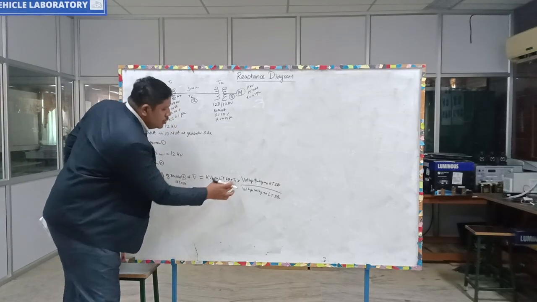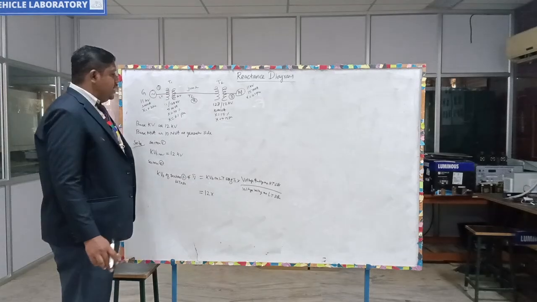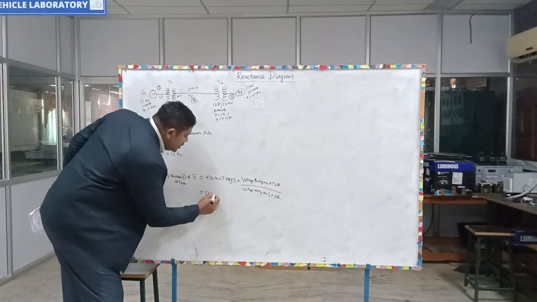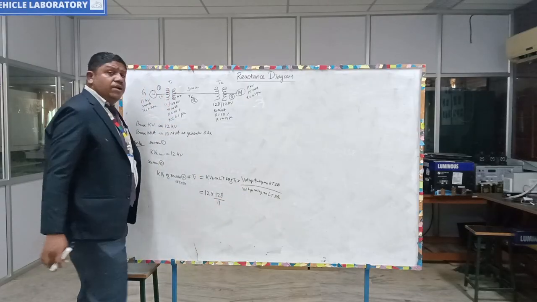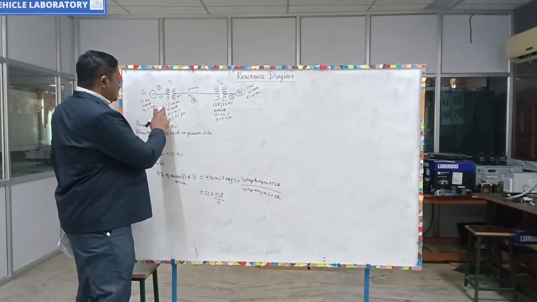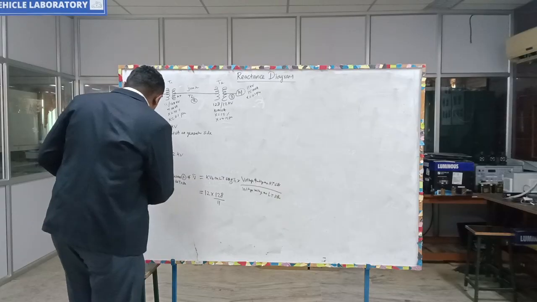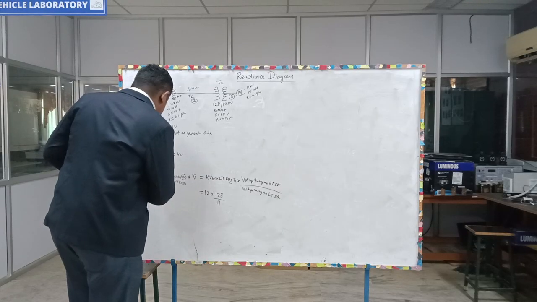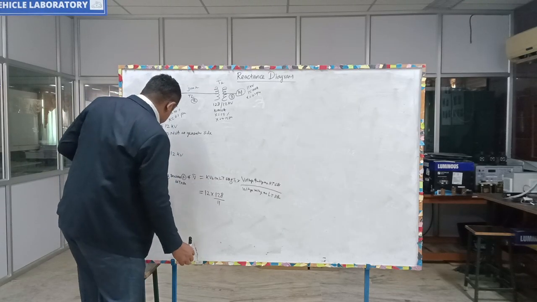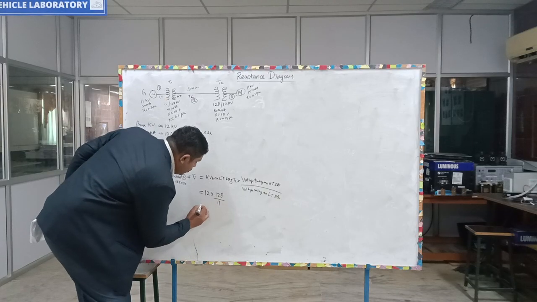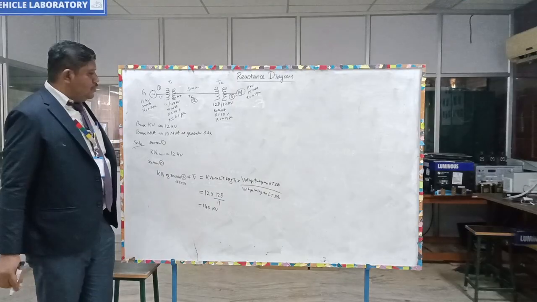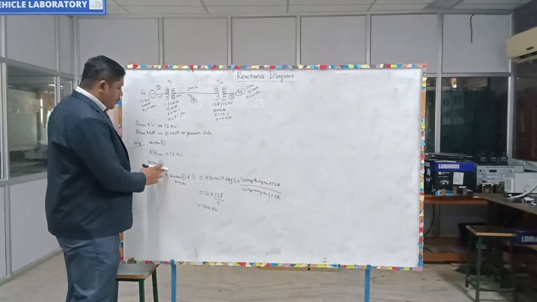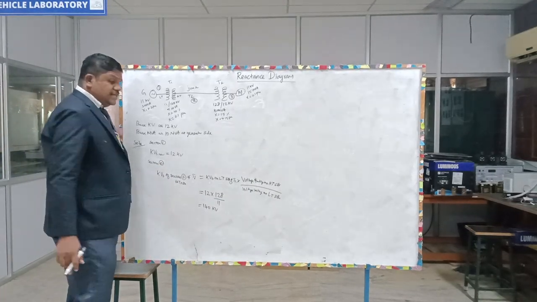So 12 into the voltage rating on the HT side of the transformer, which is 128, divided by the voltage rating on the LT side, which is 11. If you simplify this, you will get 140 kV. You can check it out. So we have found what the kV base is on section 2.